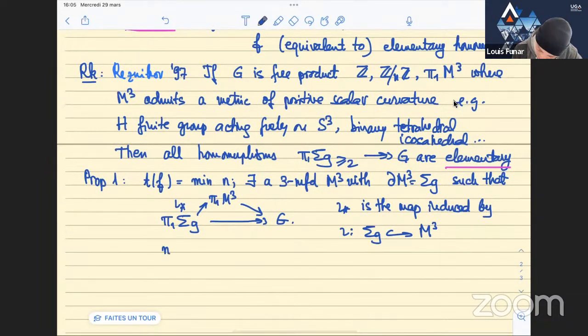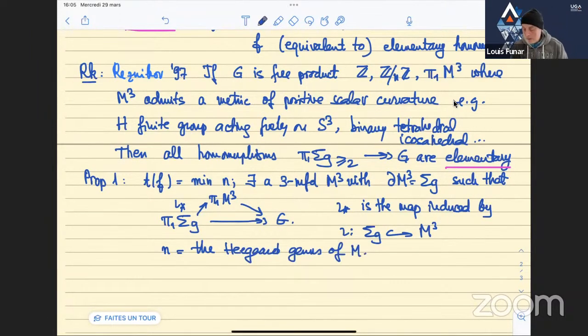Well, n is the Heegaard genus of M. So I'm taking the smallest, in some sense, the smallest complexity from the point of view of the Heegaard genus, on which the map F, which we had before, will extend in some sense or factor to the free manifold.